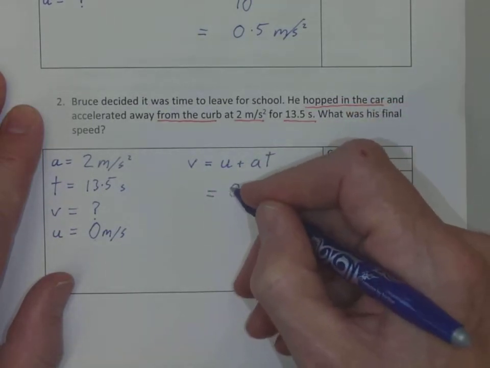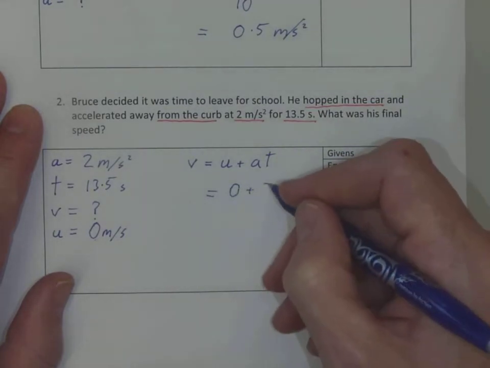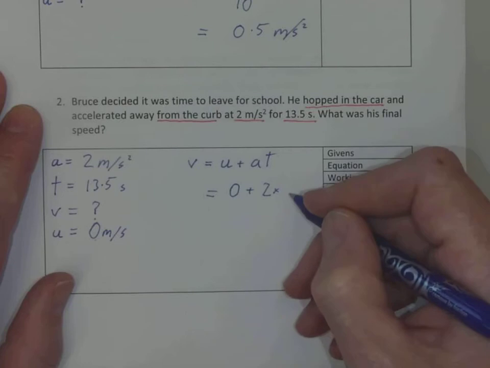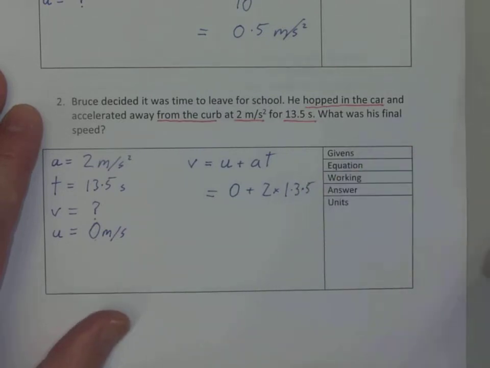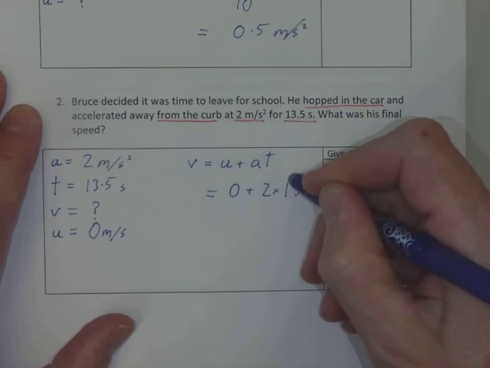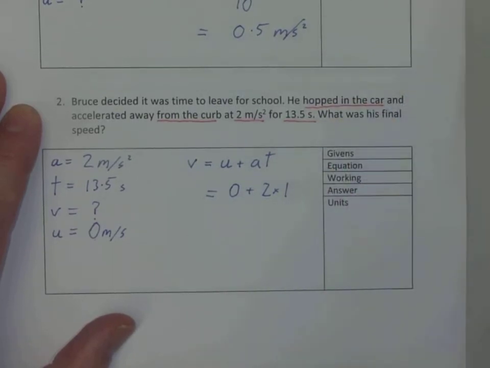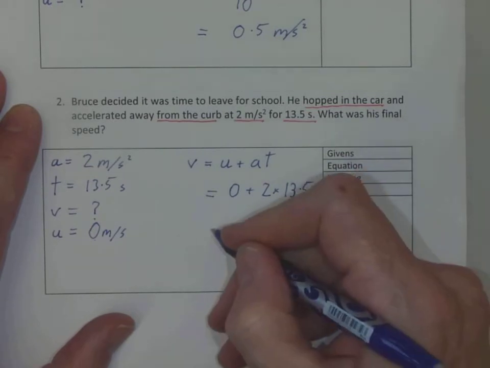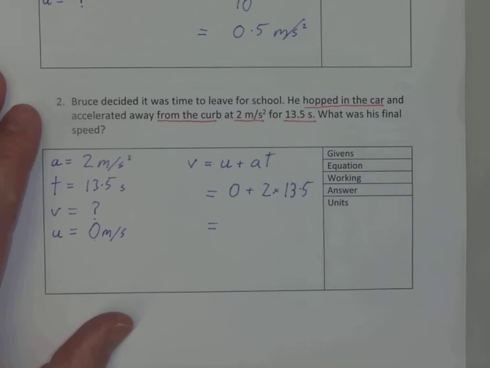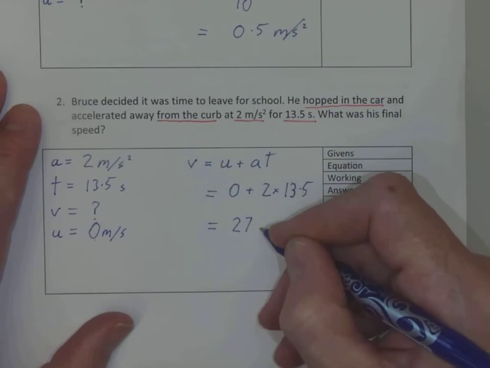We've got 0 plus 2 times 13.5. Which equals, well, 13.5 times 2, that's 26 plus 1, 27 meters per second.